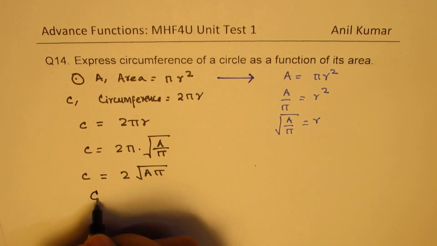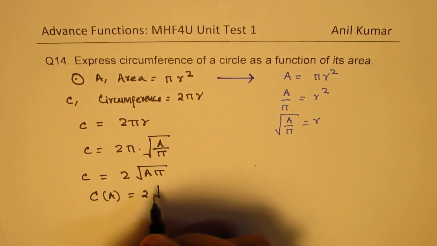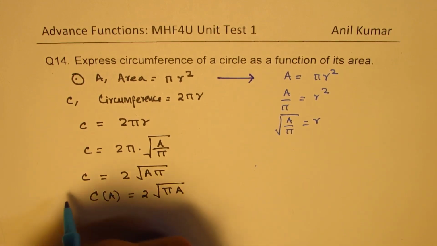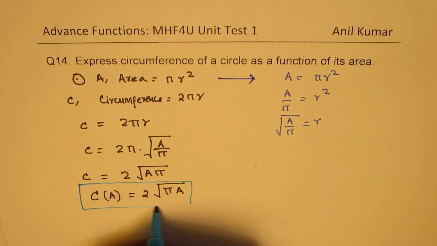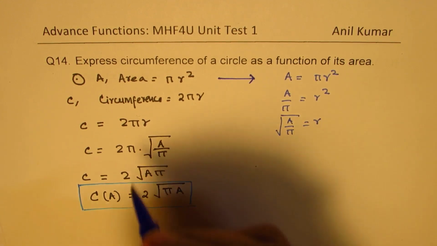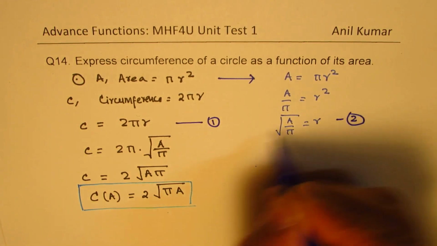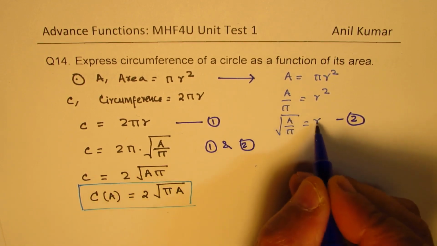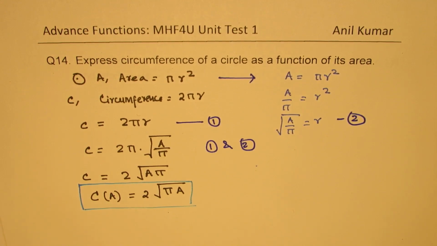So we can say circumference as a function of area is equal to 2 times square root of pi A. Pi is a constant, so it's better to write pi first. So that becomes our relation. Is that clear to you? Right? So if I call this equation 1 and this equation 2, we get this from equations 1 and 2. We substitute the value of r here to get our solution. Correct? So that's how you could do it.